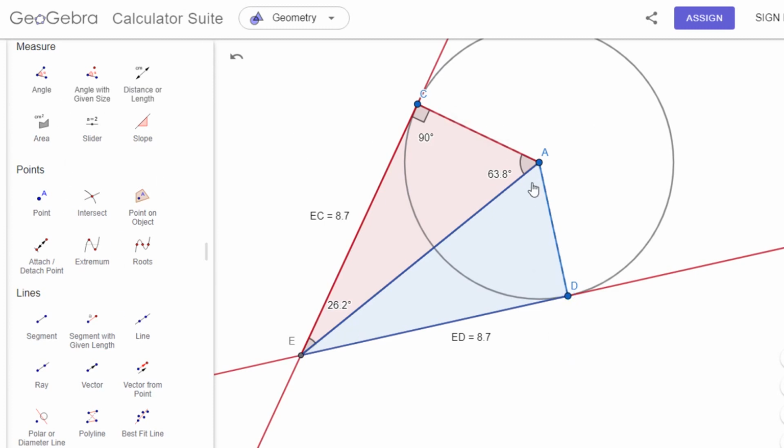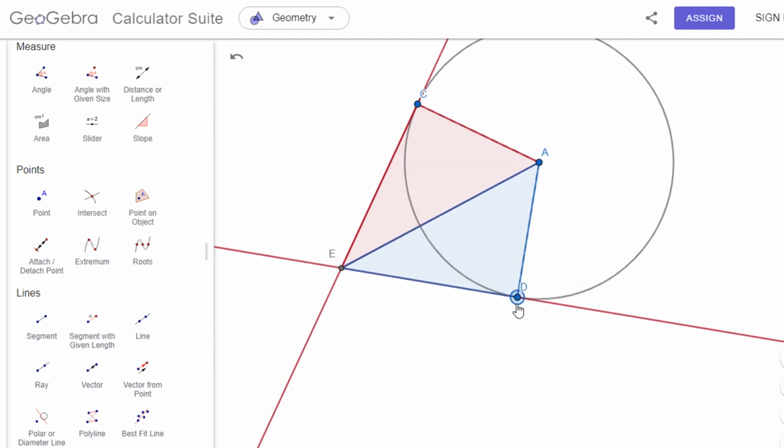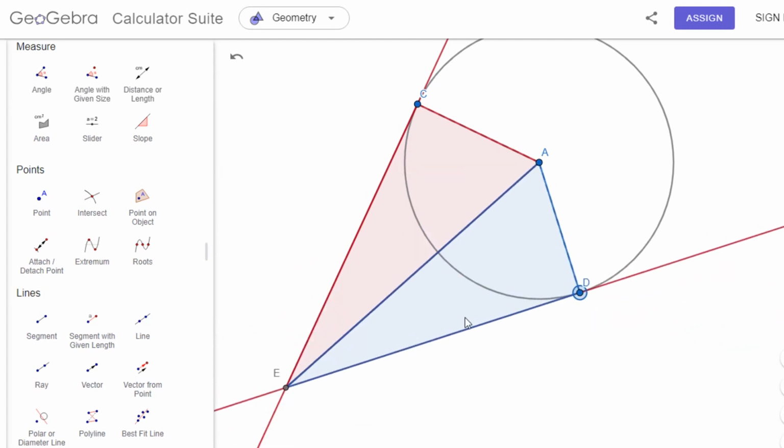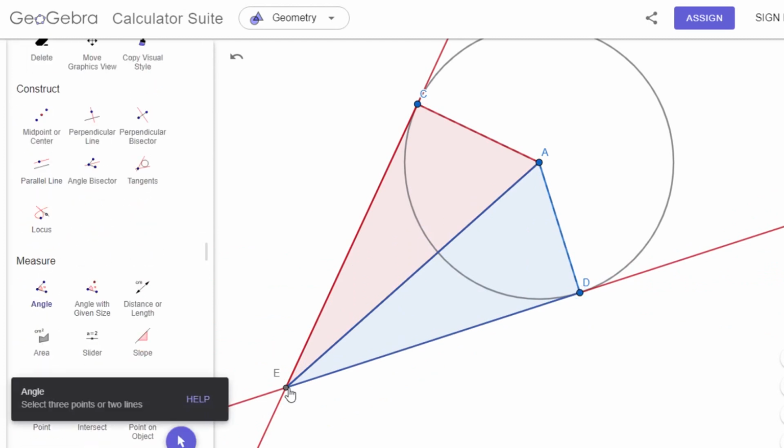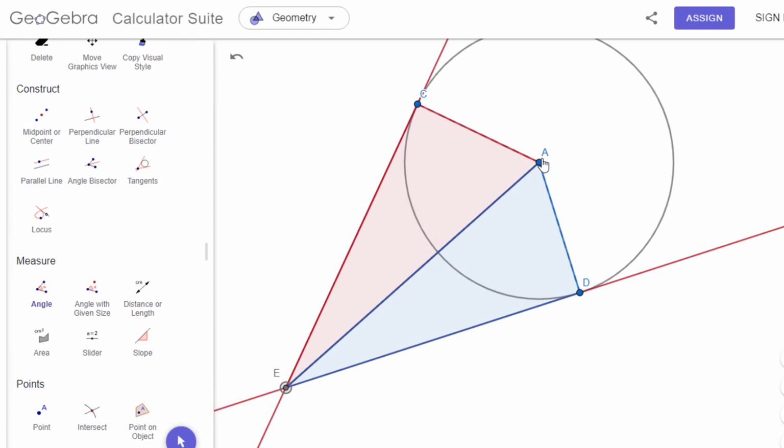So as you can see, let me just delete this angle. Let me just delete these angles. Okay. So in the exam, let's just choose an angle. Let's say we have angle EAC.